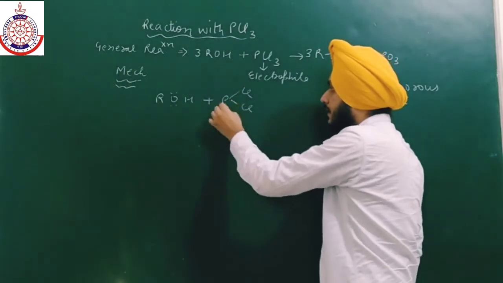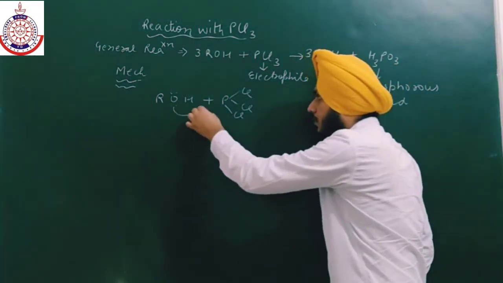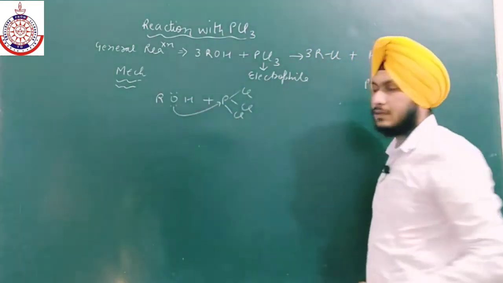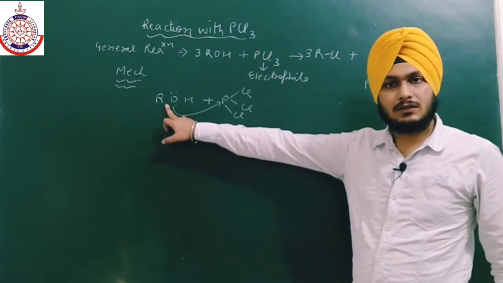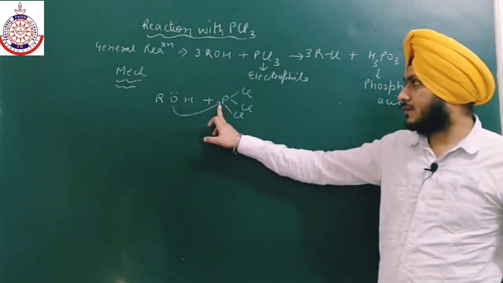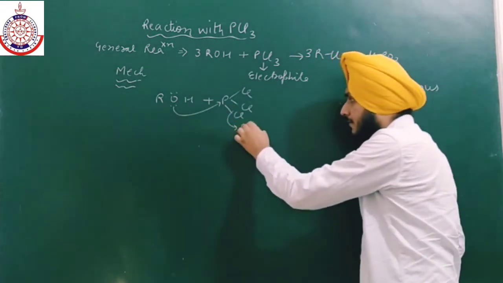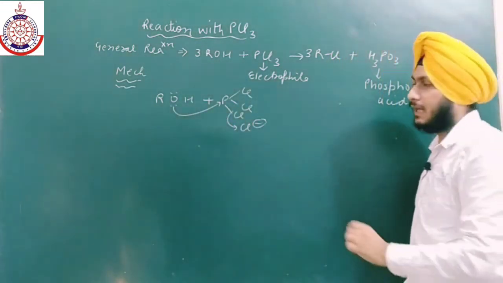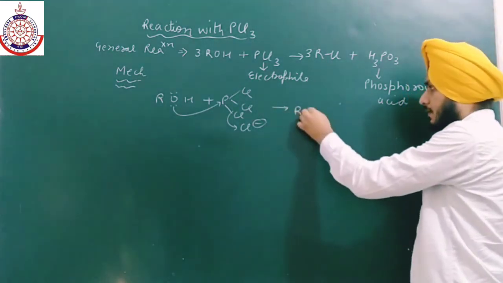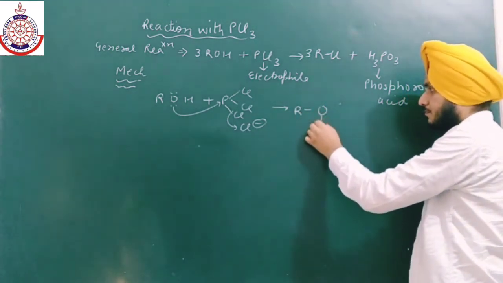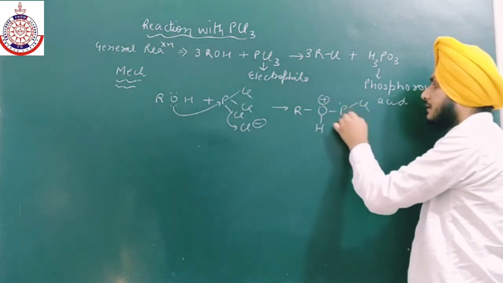I am writing it in the open structure. The lone pair attacks P, and by this a positive charge is generated over the oxygen and a negative charge on phosphorus. In order to make it neutral, Cl will leave as Cl negative, and we will get ROH positive, P, Cl and Cl.